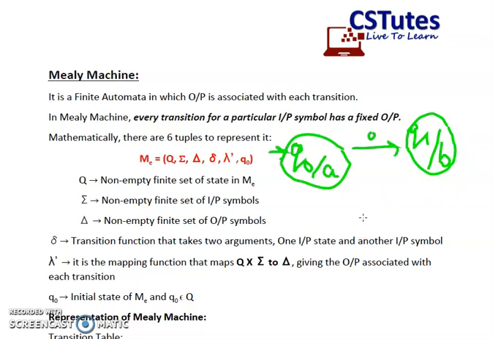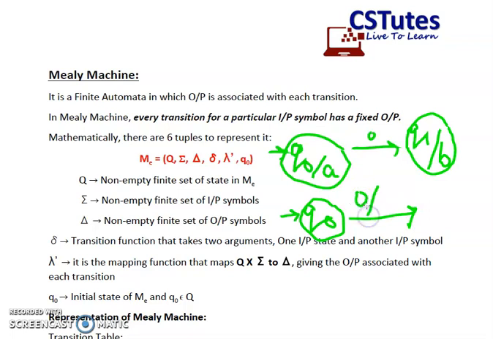Now let's talk about the representation of Mealy machine. In case of Mealy machine, the output is associated with each transition. So let's take the example of the output association with a transition. Let's say we are on the state Q naught. So currently we are on the state Q naught and we are reading an input symbol as 0.